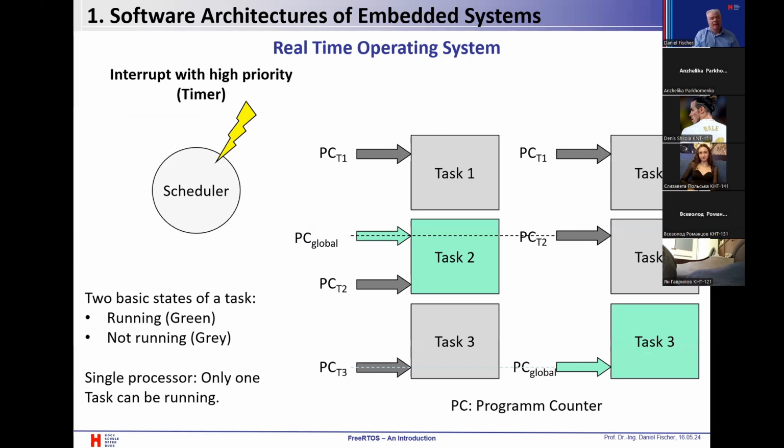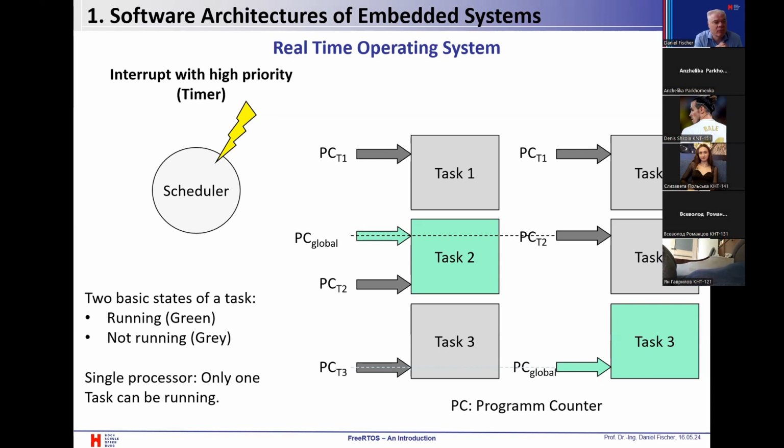A better way and with more functionality is to use an existing real-time operating system. Here you can see the basic principle of it. It's only a basic principle. Inside our code, we now have tasks.